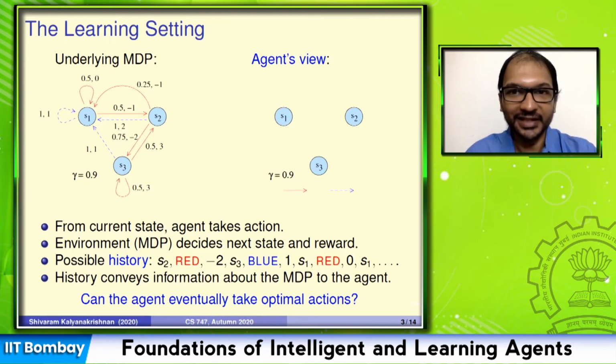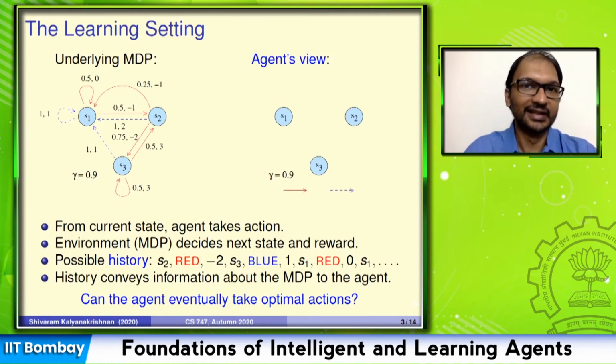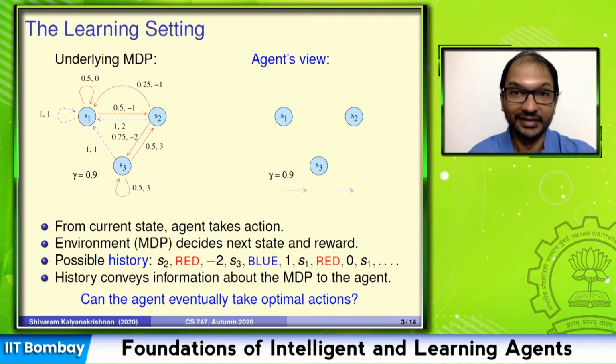Our original problem with MDP planning was to take optimal actions. We knew that there was an optimal policy, we wanted to find it, so we computed it. Here, you don't have all the information that you need. So the reinforcement learning problem is really the process of trying to gather that information based on which you can thereafter induce optimal behavior. So is this possible?